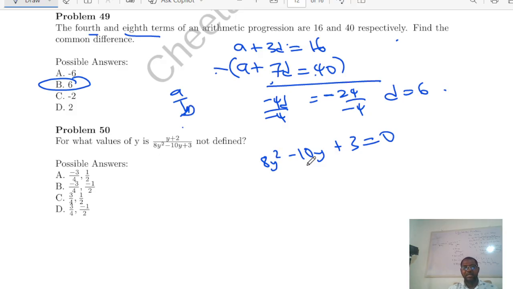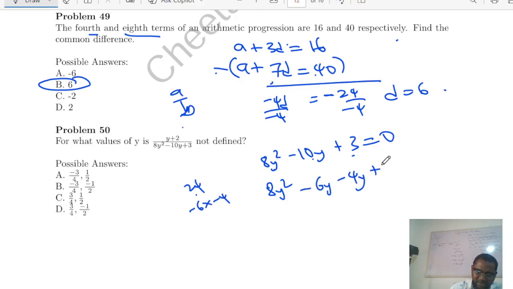So I equate the denominator to 0 and solve. In this case, we can say 8y squared. I think 3 times 8 is 24. Two numbers that can multiply to give 24 but add to give minus 10. I think it's minus 6 and minus 4. Yeah. So this will be minus 6y minus 4y plus 3 equal to 0.